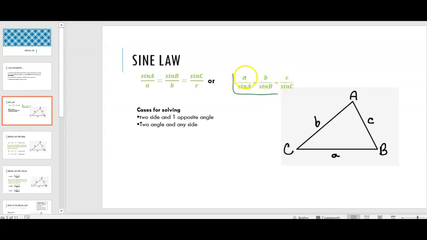So we're going to choose two of these ratios, and we're going to have the length of the side in the numerator, and then you're going to multiply.